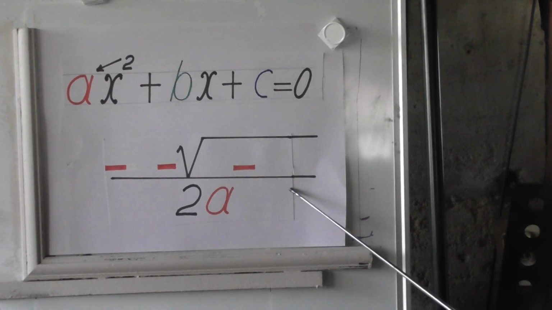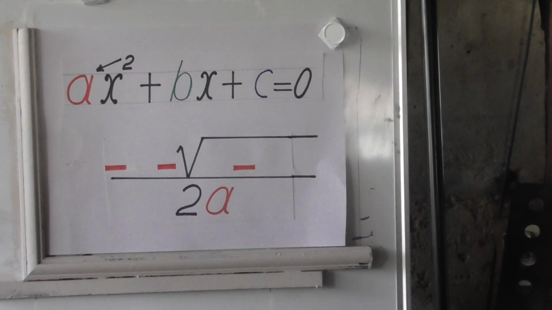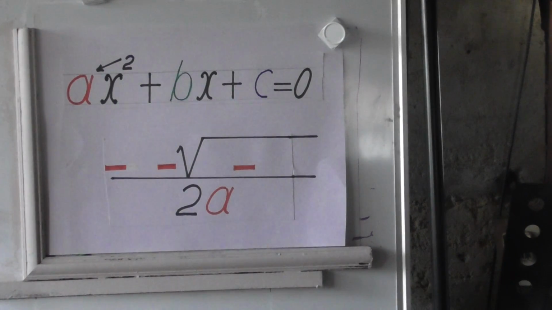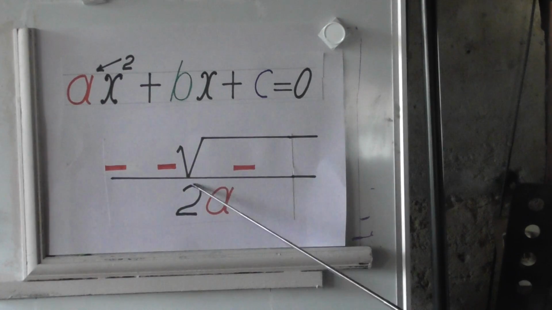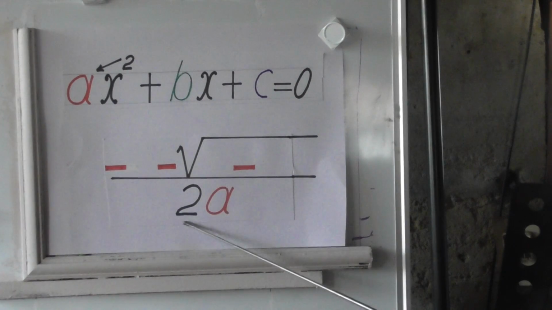We need the line. The opposite of square is square root, so that obviously is there. And we put in these three negatives. And why have I got this arrow? Because 2a comes underneath. That is the denominator.